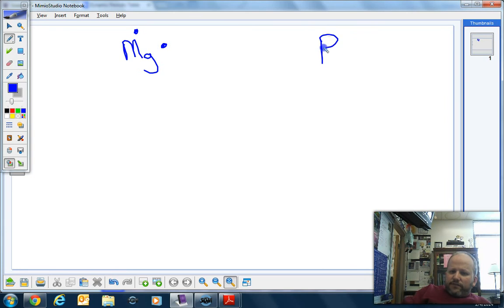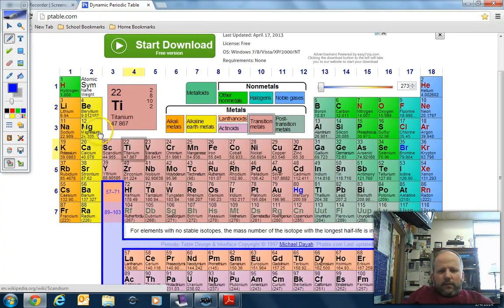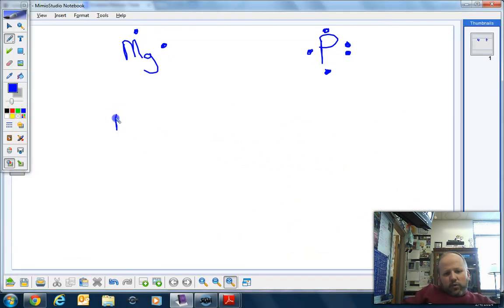We said phosphorus has 5. Now if you really need to see it, and you really don't believe me, magnesium has 12, phosphorus has 15 protons.